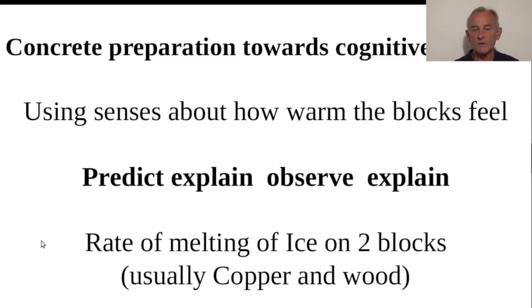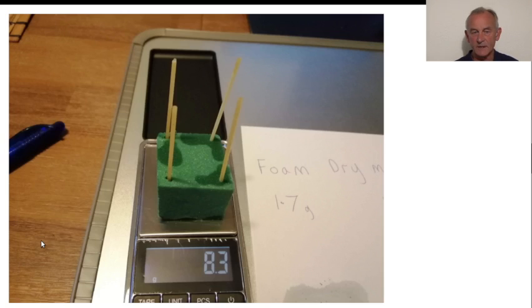You don't necessarily want to move straight to this quantitative method, where this oasis foam that we use to stick flower shoots into is very, very useful here, because it will soak up the melted ice, the water that comes from it, and we will be able to actually get a quantitative rate of melting. The spaghetti is there, or you can use toothpicks, just to make sure that the ice block doesn't slide off the metal or the wood block.